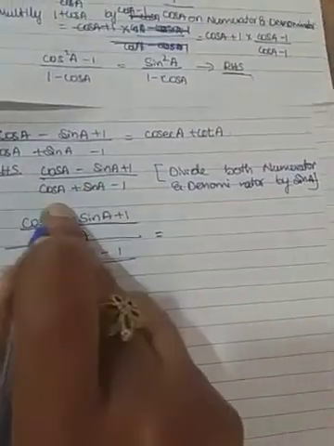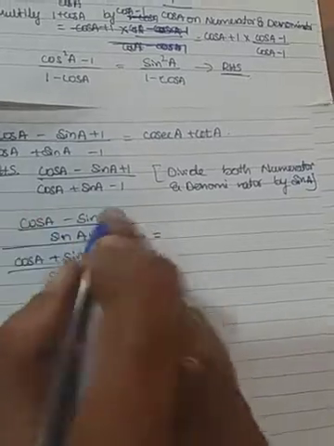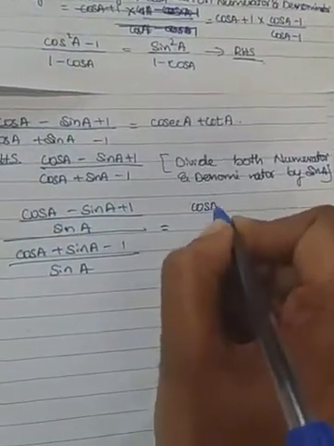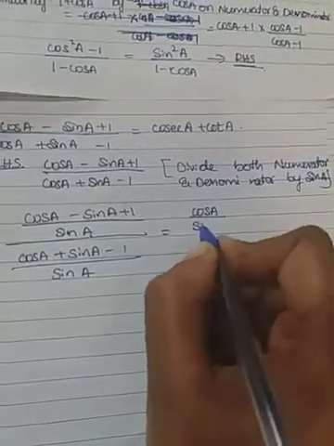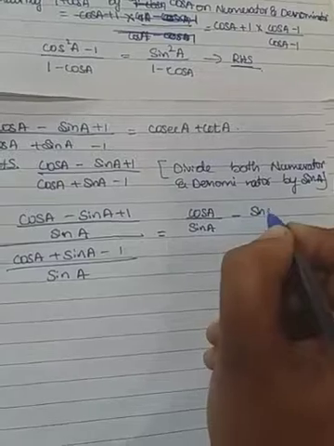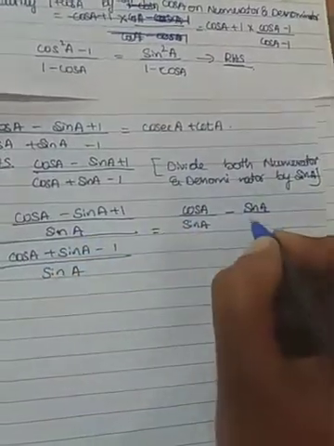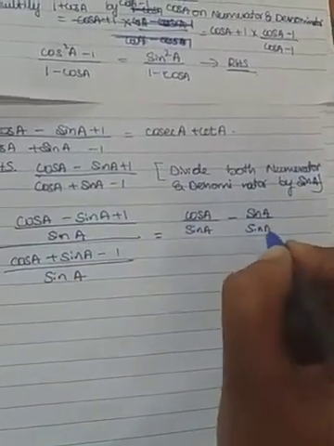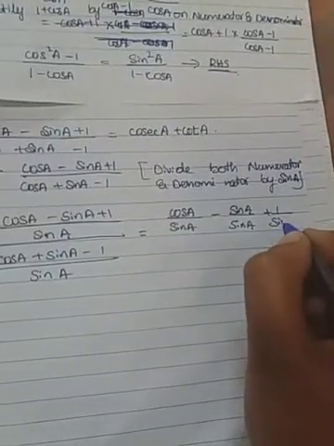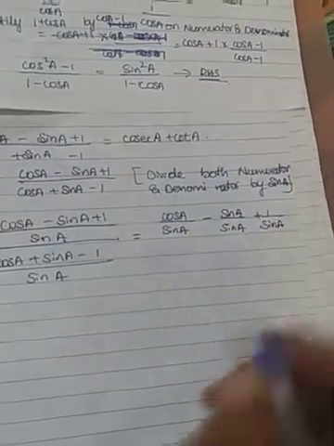Because sin a divides all three terms in the numerator, we separate them: cos a divided by sin a, minus sin a divided by sin a, plus 1 divided by sin a. You have to divide like that.